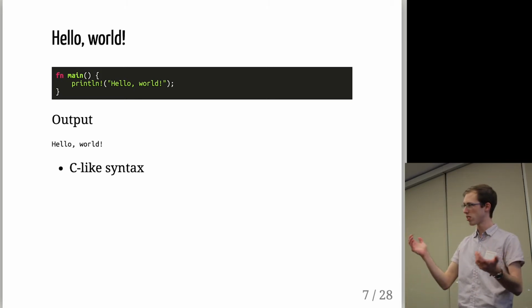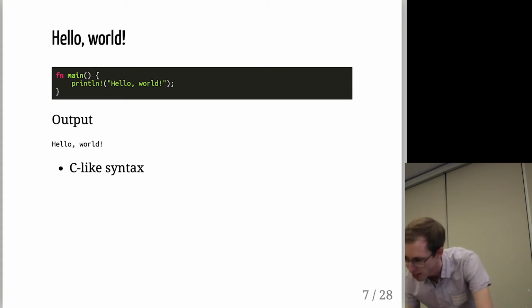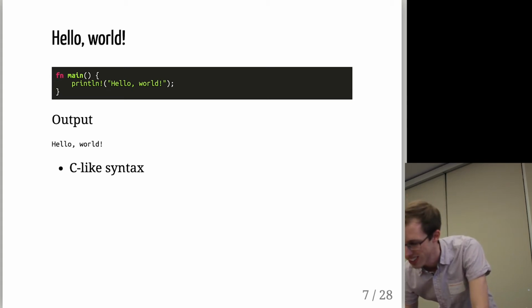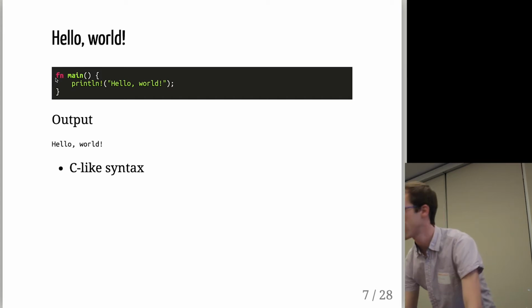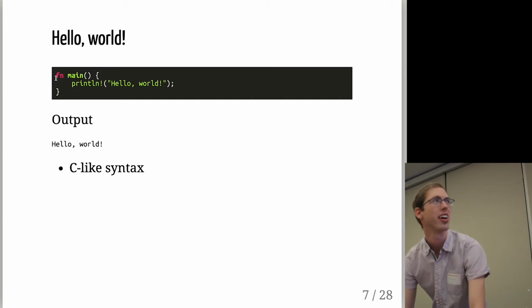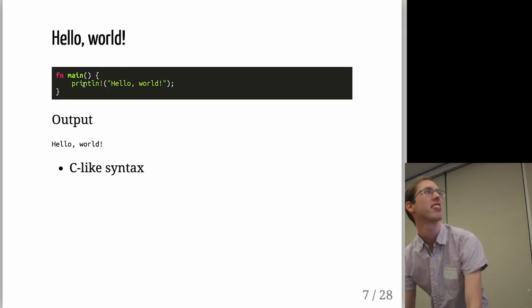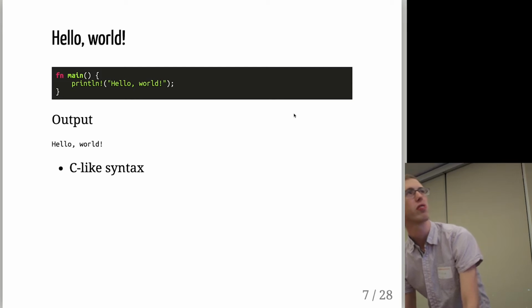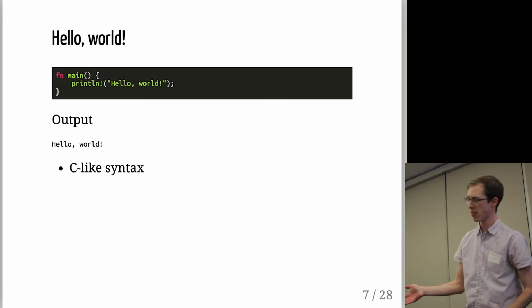A couple things to note. You'll notice that we use the fn keyword for function. And you also notice that println has an exclamation point. That actually is meaningful. That means that it is a macro.